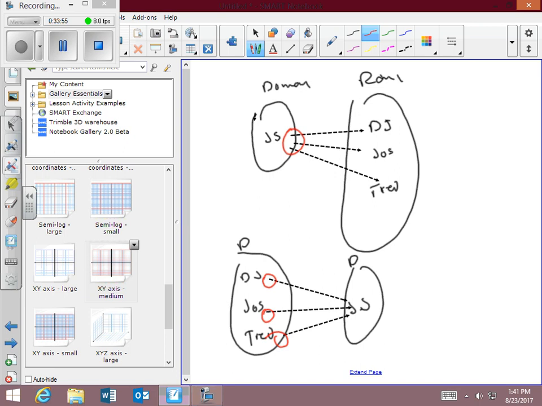Now, that being said, what we're going to do is start right over here in the front row, and you were looking at me on number 3 on that sheet. Is that a function? Not a function. It's a function. Okay.